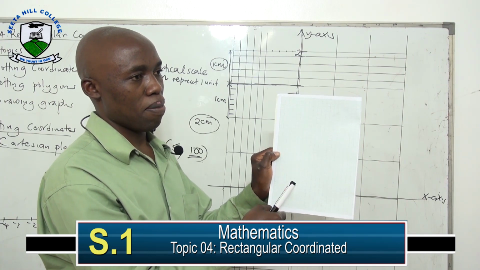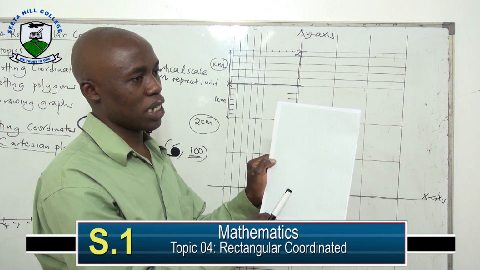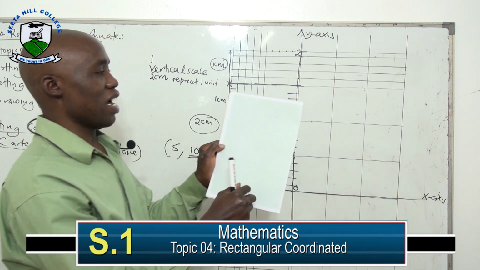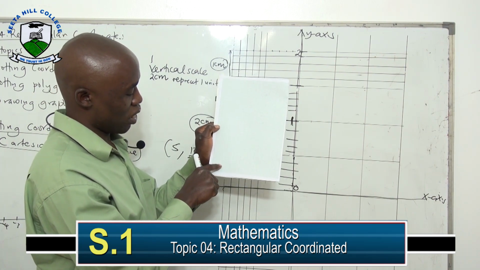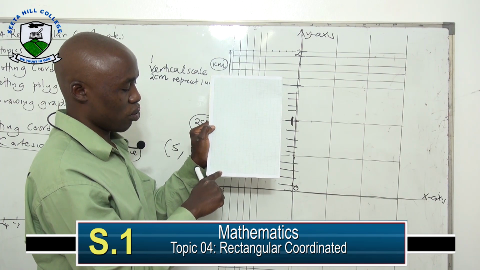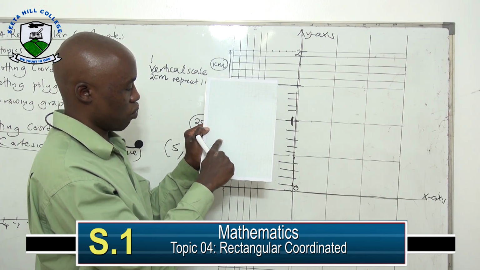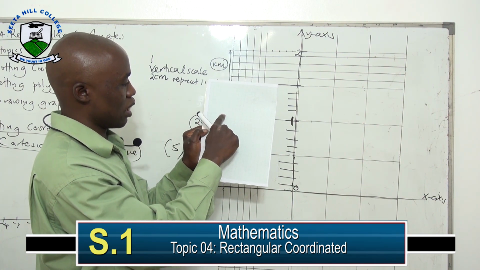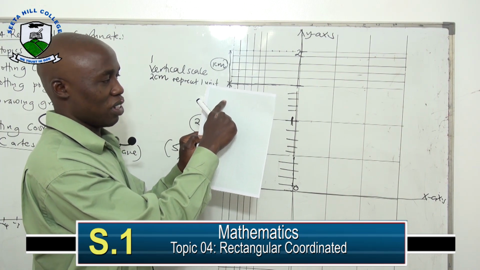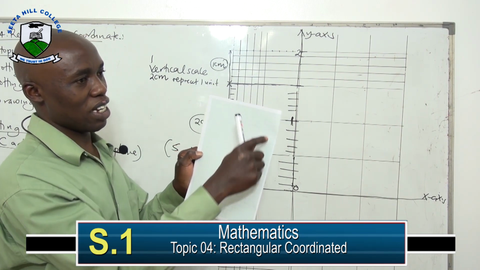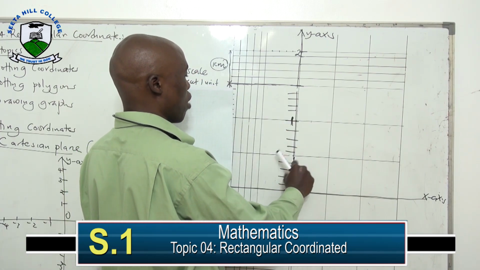I think there are 20. 2 centimeters would be 10. And that means vertically, are you sure? Let's count, I'm using 2 centimeters, 1, 2, 3, 4, 5, 6, 7, 8, 9, 10, 11, 12. Then I can leave some small space here. I have 12.